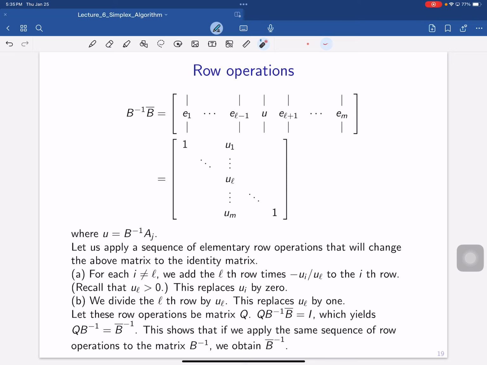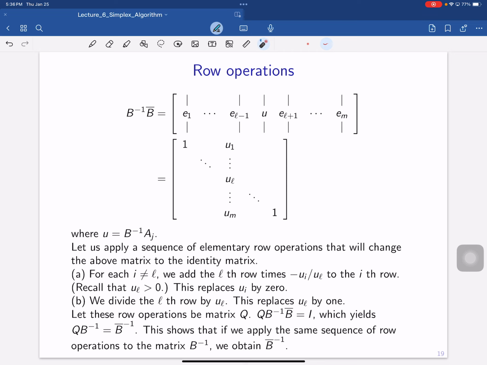Then you can do elementary row operations to change this matrix to an identity matrix. Realize that this is the only column that is not a unit vector. You can use this element to eliminate all those entries, and finally you divide by U sub L. Then you arrive at an identity matrix.